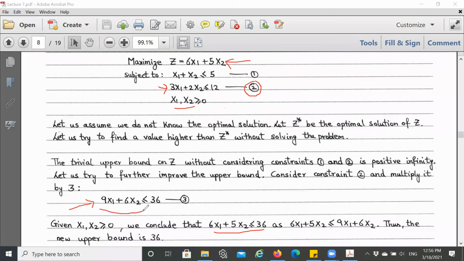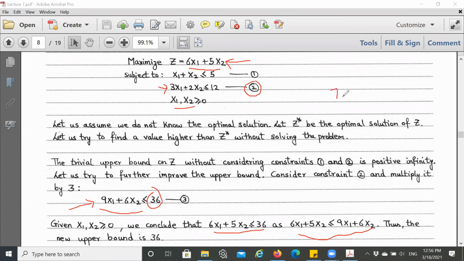Because no matter what values I plug in for x1 and x2, 9x1 plus 6x2 will always be greater than 6x1 plus 5x2, as long as x1 and x2 are non-negative. Since 9x1 plus 6x2 is less than or equal to 36, it is bounded by 36, so I can say my Z is also bounded by 36.